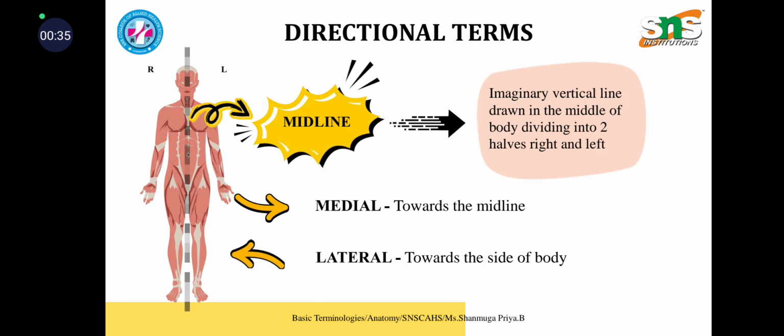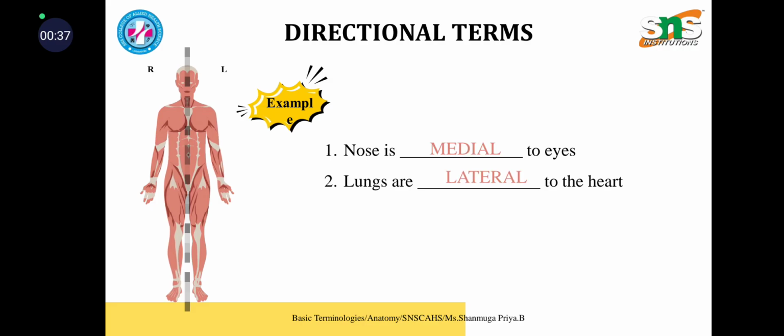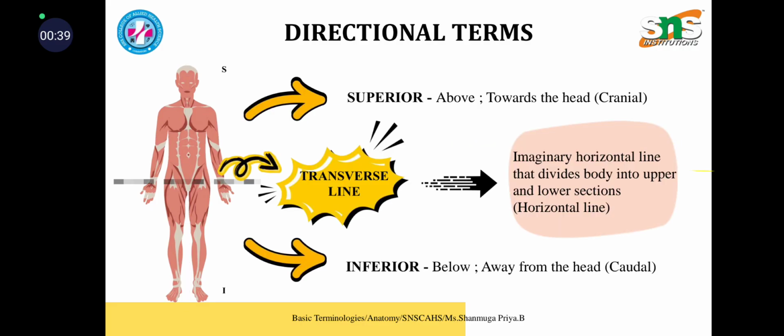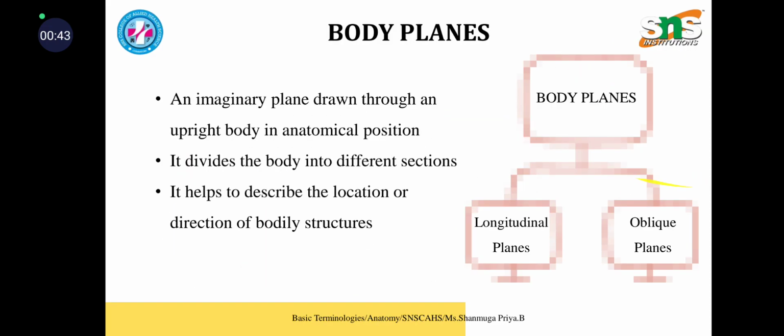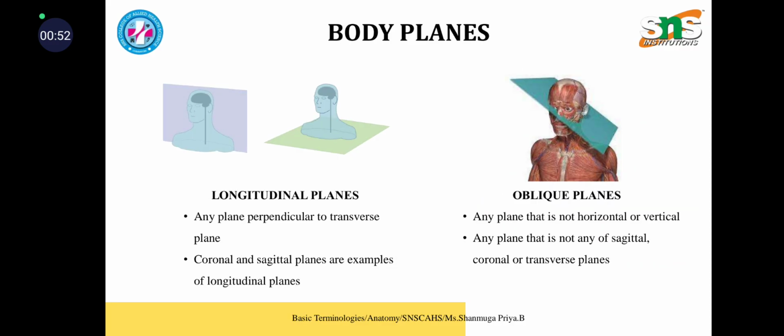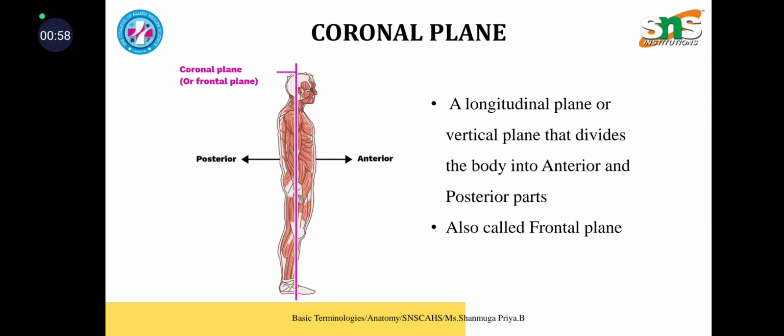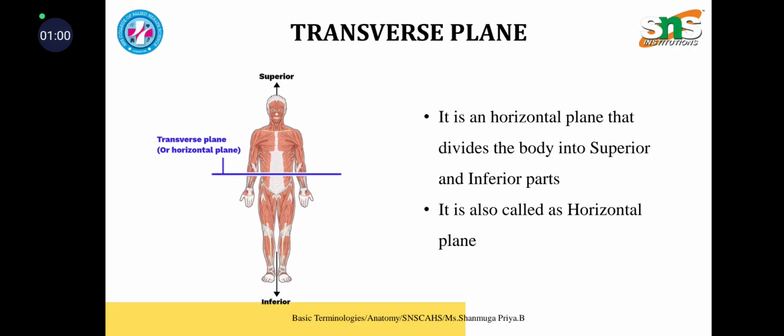Next we have seen some directional terms, and also regional terms like axial and perpendicular region, and also the body planes under which we have classifications, longitudinal and oblique planes. In longitudinal planes we have seen in detail about the sagittal and coronal, and also about the transverse planes.